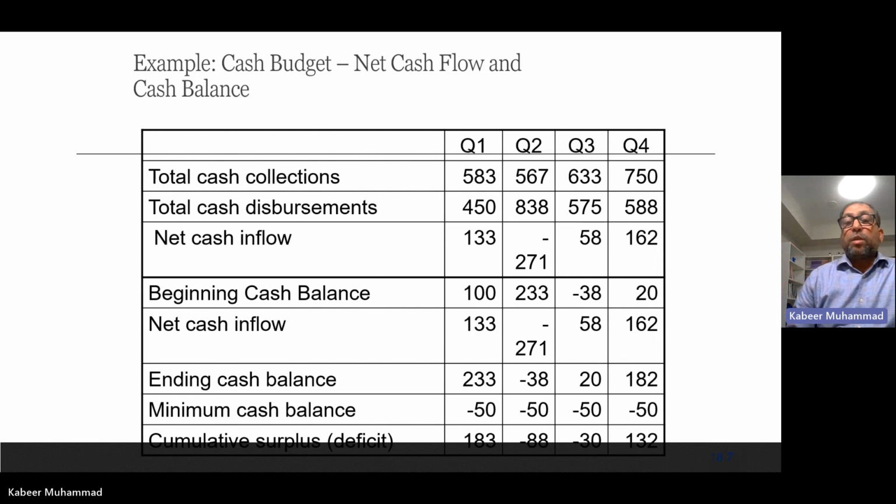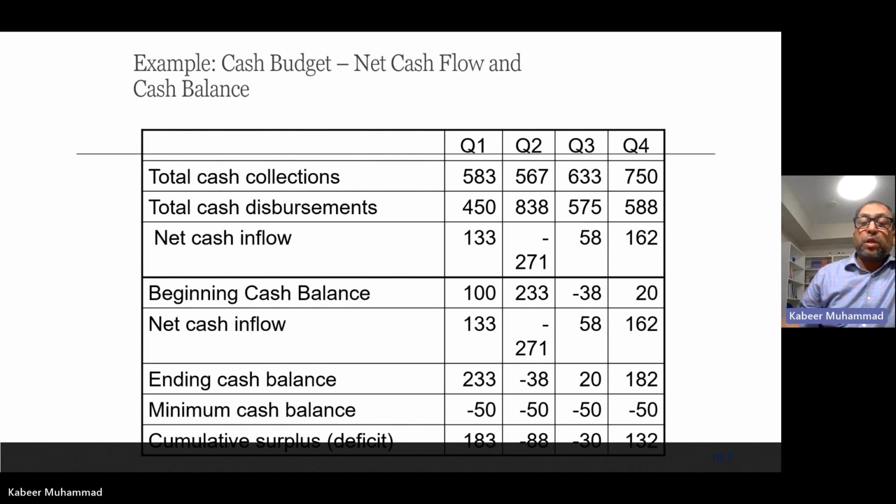And then we subtracted, and we see that net inflow is positive in the first quarter, negative in the second quarter, because it's a negative 271, positive in the third quarter, and positive in the fourth quarter. Now, beginning cash balance, we know that we have $100 in the beginning, and net inflow is 133. So overall ending cash balance is 233. So minimum required cash is 50.